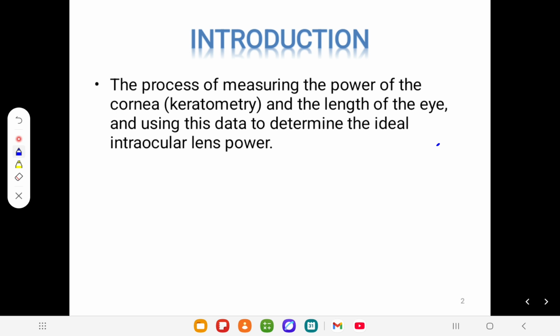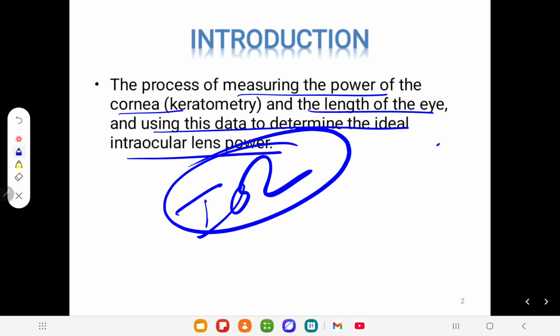Okay, so what is biometry? The process of measuring the power of a cornea, axial length of an eye, and using that data to determine the ideal intraocular lens. Basically, biometry means measurement of biological tissue, whatever it is. So it's cornea, axial length, and usually in clinical setup, biometry means calculating the power of the IOL.